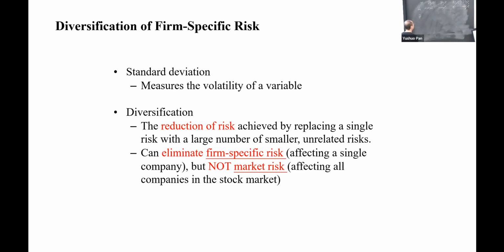For asset B, I have three results. A third of them is I'm going to lose 25% of my asset, a third is nothing happens, and a third is I earn 25%.